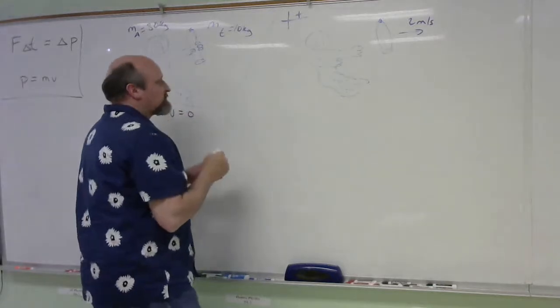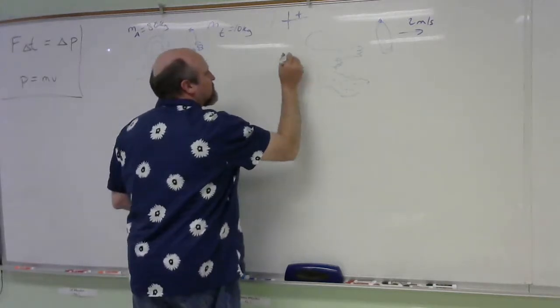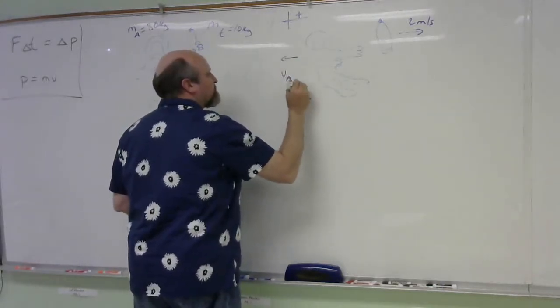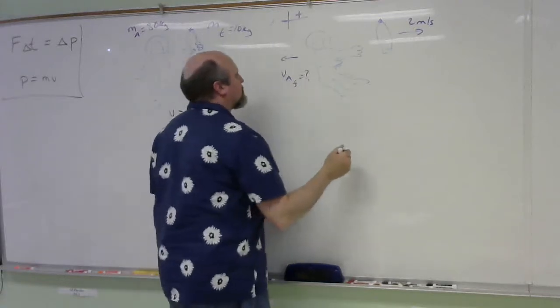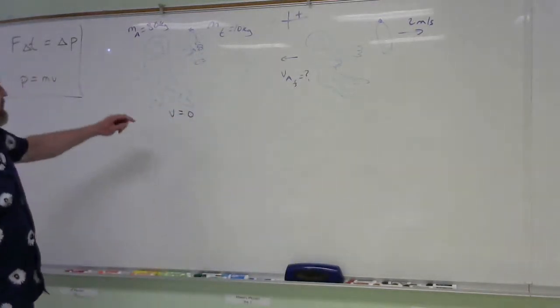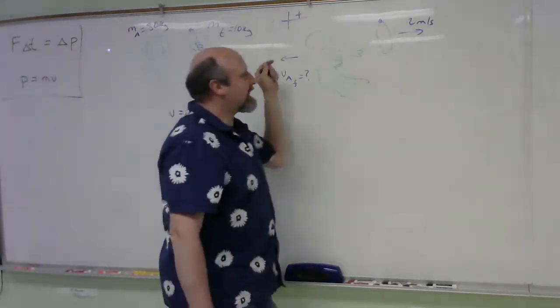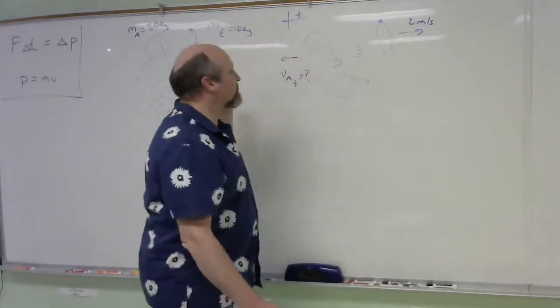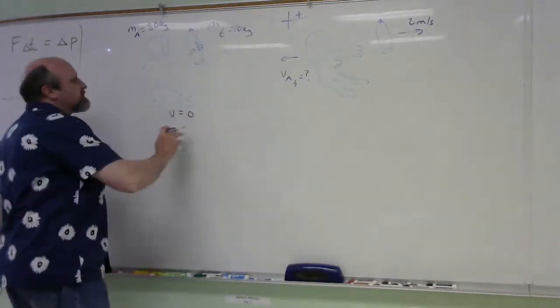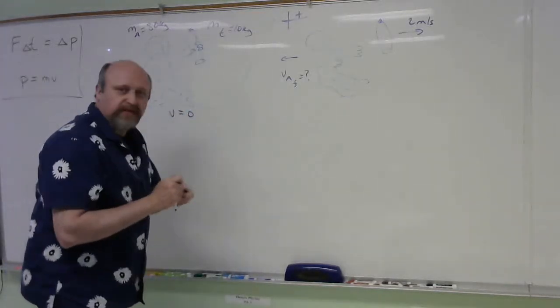I anticipate that astronaut's going to drift back to the left. Yeah, because the total momentum at the start is 0. If the tank gains momentum to the right, he's got to gain momentum to the left, because in our combined system, there's no outside force acting on it, so momentum's got to be conserved.